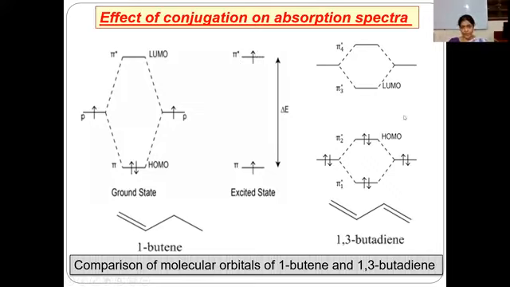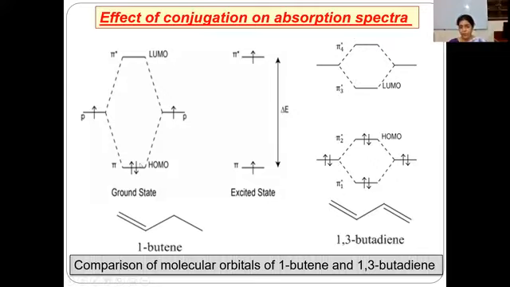The same orbital picture applies in the case of 1,3-butadiene. 1,3-butadiene has 2 pi bonds, so there are 2 pi bonding orbitals in the ground state and 2 pi antibonding orbitals in the excited state.